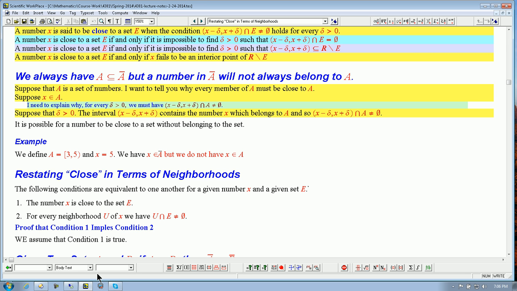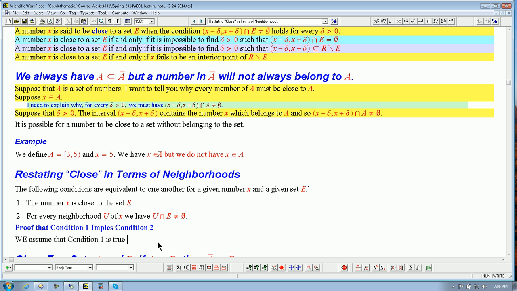So what is it that I've assumed? I have effectively assumed that for every positive number delta, the stick, center x radius delta, intersects with E. I wish to prove that for every neighborhood U of X, U intersects with E.